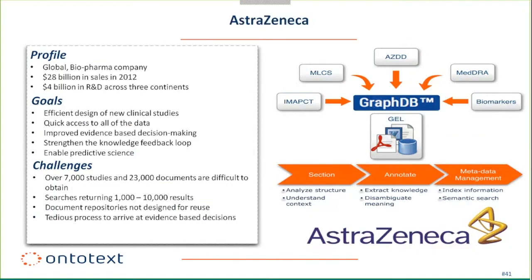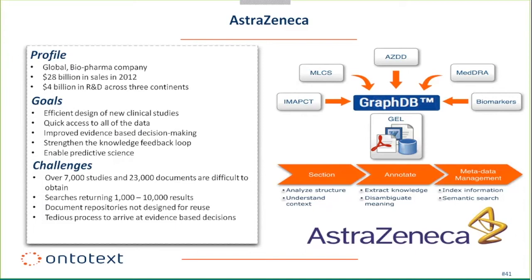In the life sciences domain, an example that I'd like to talk about is AstraZeneca. It's a global biopharma company, and they wanted a way in which they can more effectively test drugs for new potential applications.